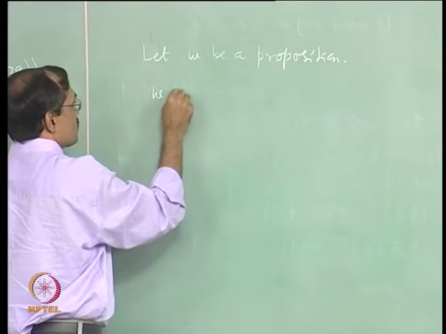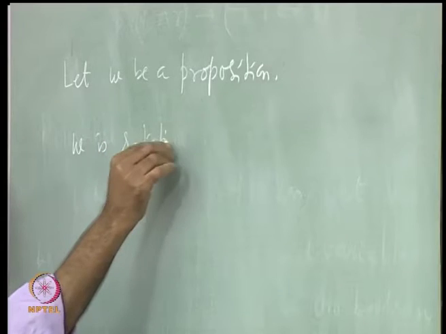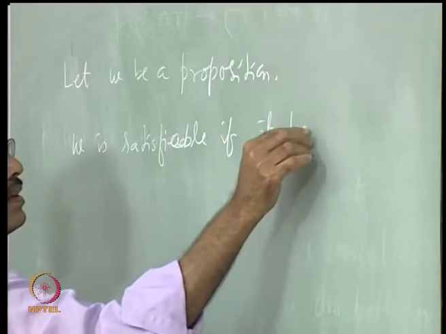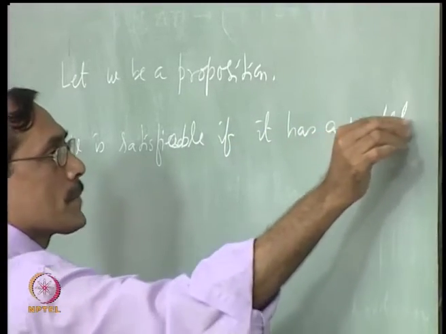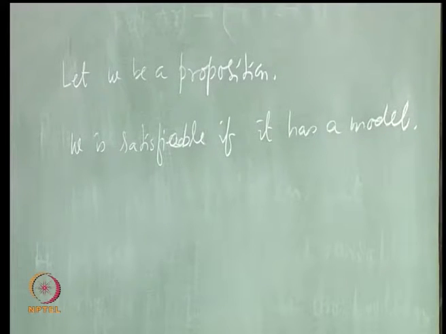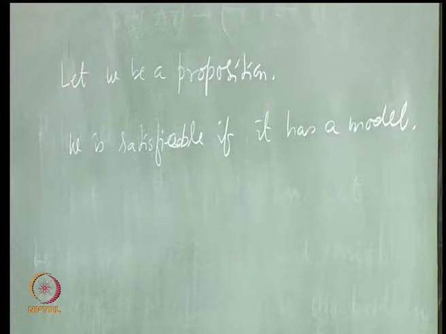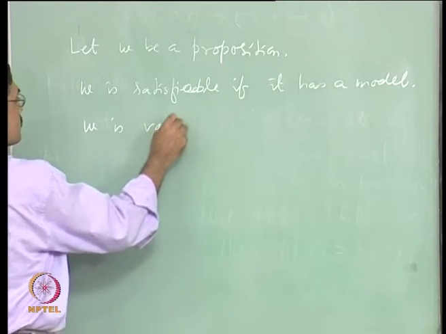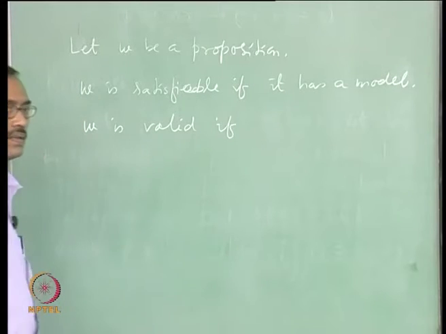We say that W is satisfiable if it has a model, which means there exists an interpretation which evaluates W to 1, fine. Now, you are using high level languages, so instead of saying I of W equals 1, just say it has a model. Then we say that W is valid if each interpretation satisfies it, right, if each interpretation of W is its model.